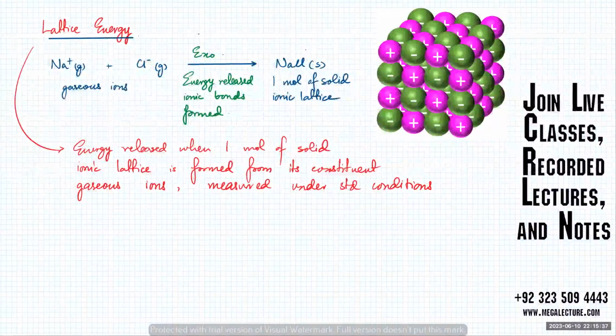Now, lattice energy is also written as delta HLE, or simply lattice energy.